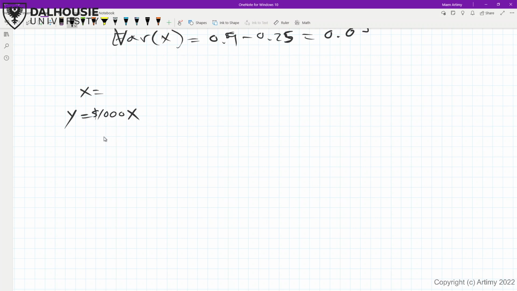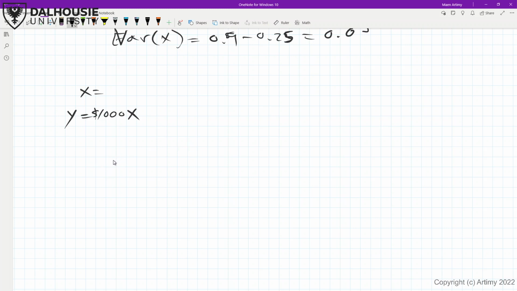$1,000 for every point. So you lose, you don't get money. You tie, you get 1,000. You win, you get 2,000. So what is the average winning, or the expected winning of the team?